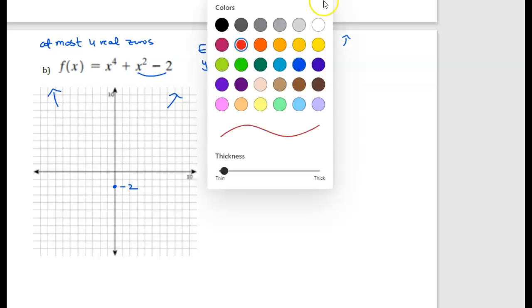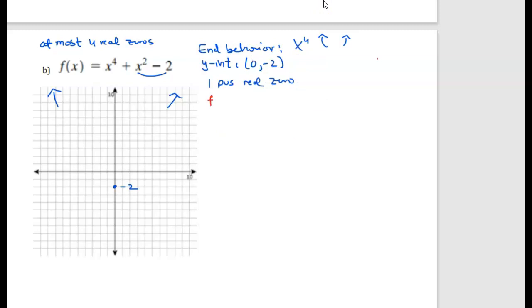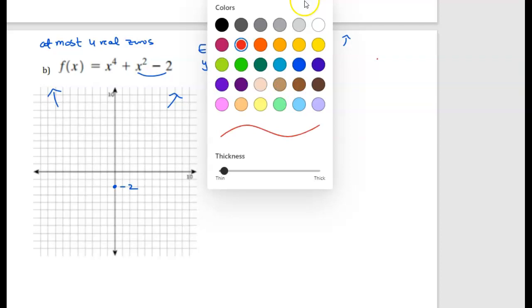Let's do f at negative x, which is x to the 4 plus x squared minus 2. Nothing changed, so there's one sign change, so 1 negative real zero. Good. So there are 2 zeros unaccounted for, which are probably complex.